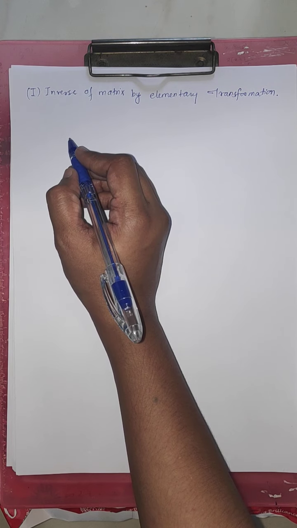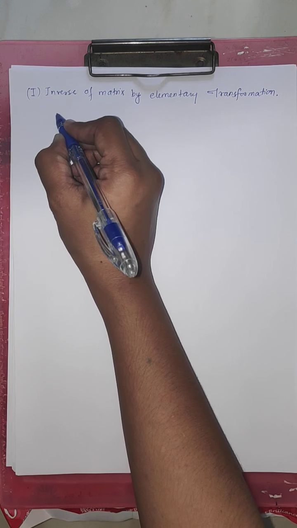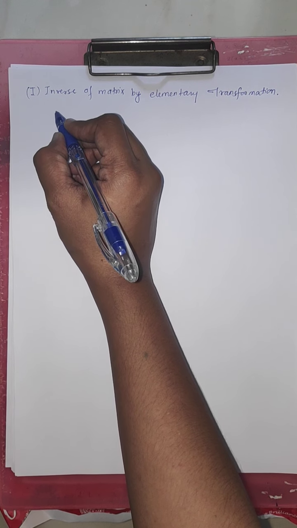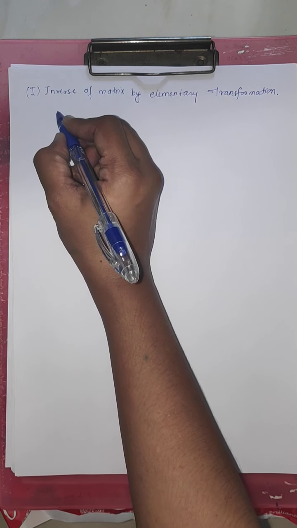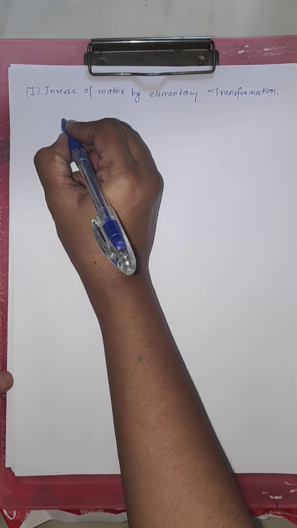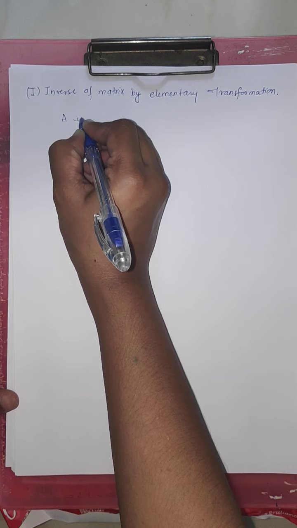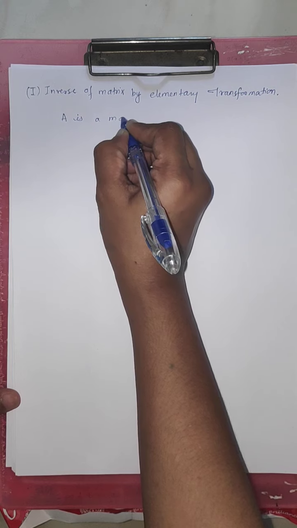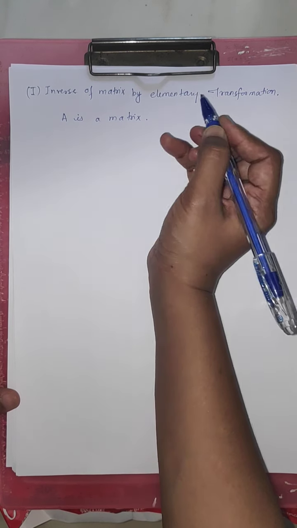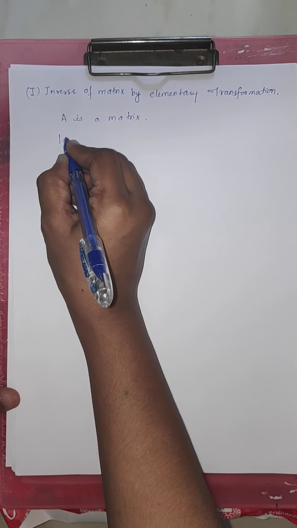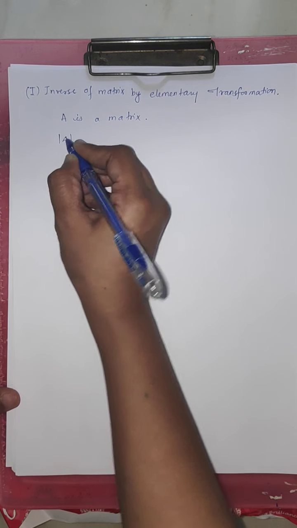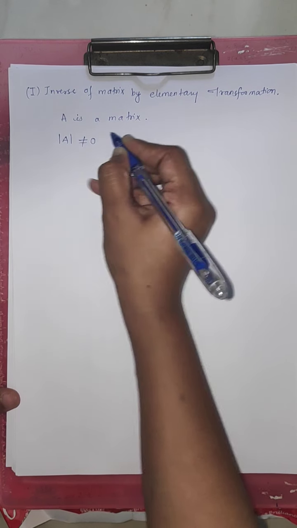First, the inverse is possible only for those matrices which are non-singular. So what is a non-singular matrix? Suppose A is a matrix and the determinant of that matrix is non-zero.